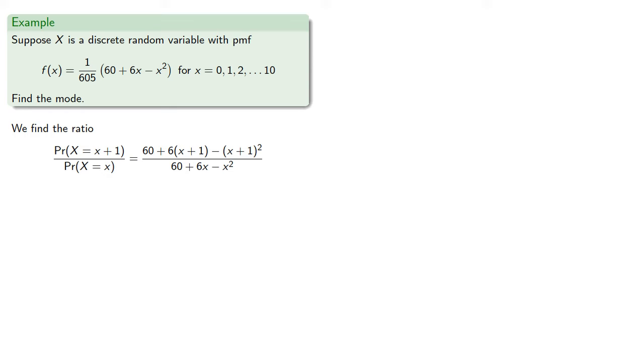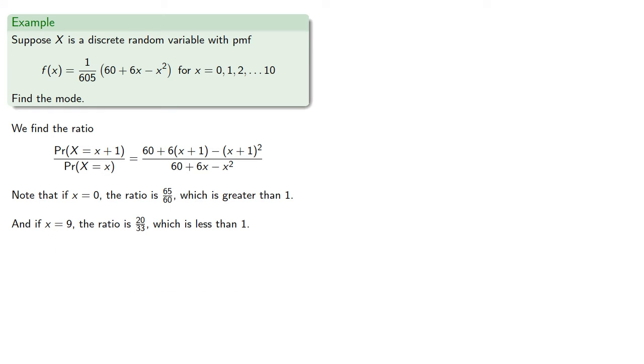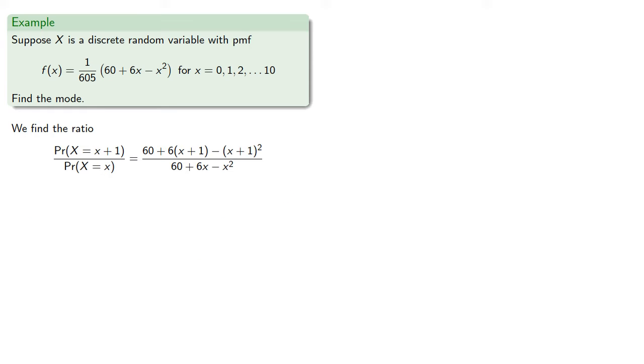Note that if x equals 0, the ratio is 65/60ths, which is greater than 1. And if x equals 9, the ratio is 20/33, which is less than 1. So somewhere the ratio changed from being more than 1 to being less than 1. So I can try and find where that happened.